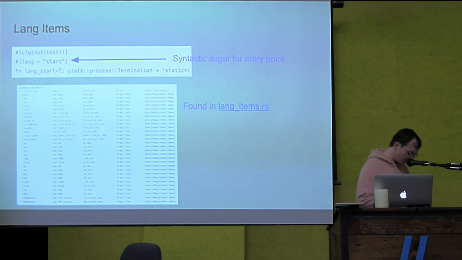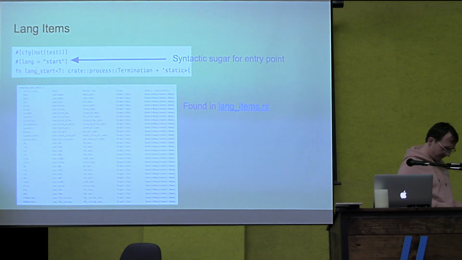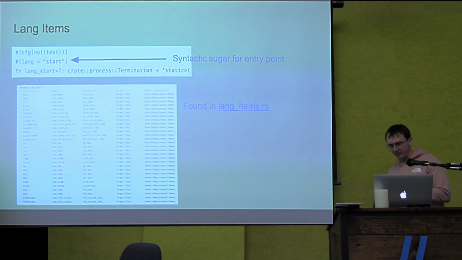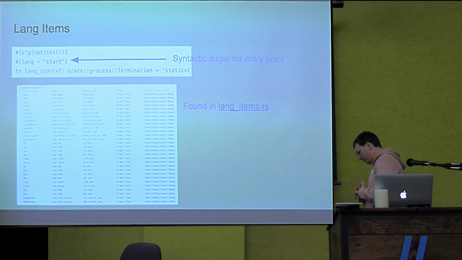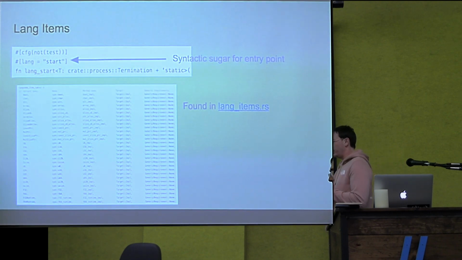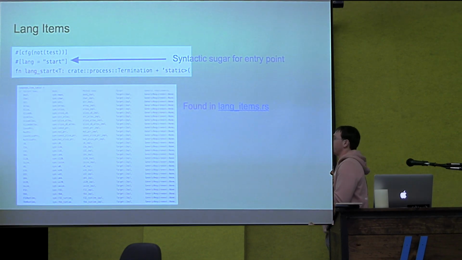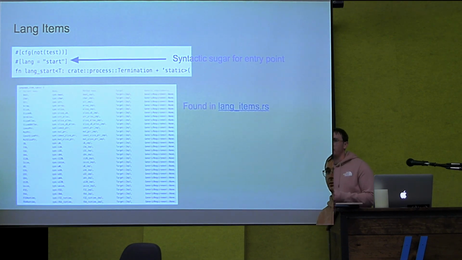And then we have this bit about a lang item. Lang items are really weird because, as one blog post that I read far too many times described it, lang items are essentially the special snowflakes within the Rust compiler.